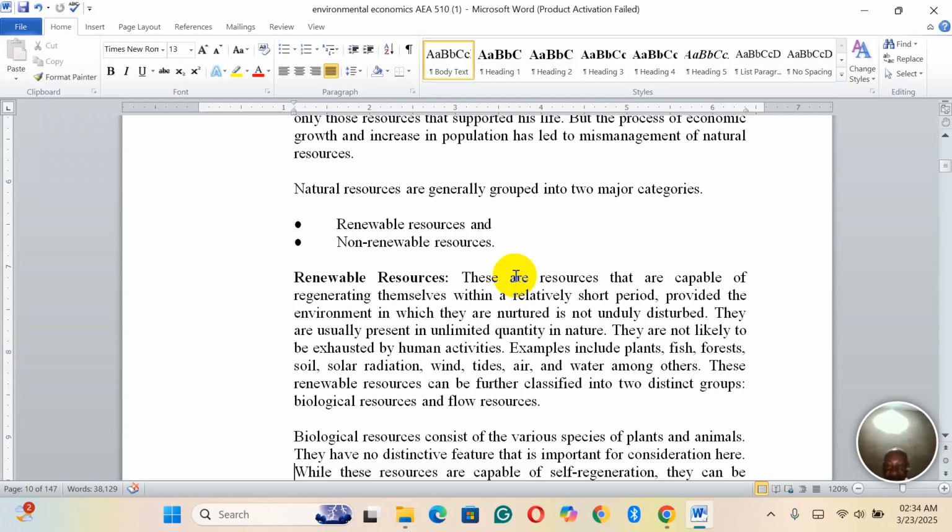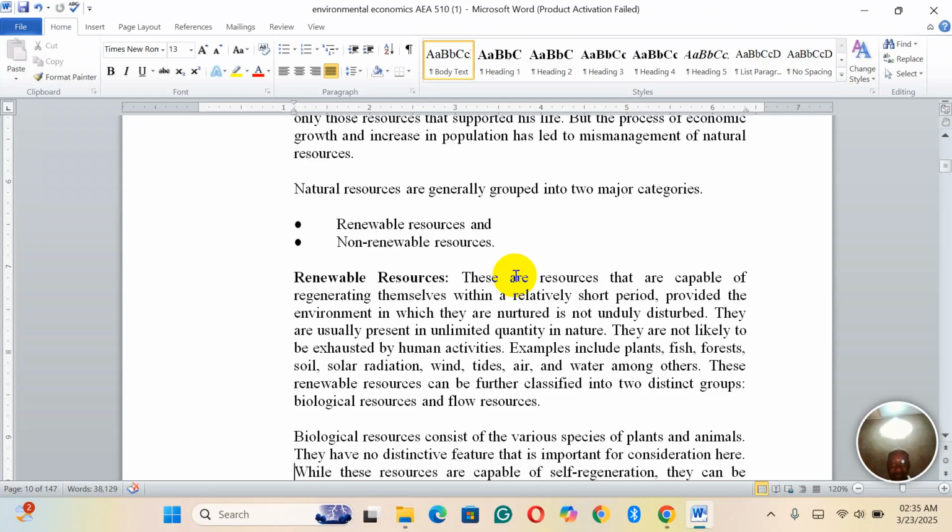They are not likely to be exhausted except by human activities. Examples include plants, fish, forests, soil, and solar radiation.